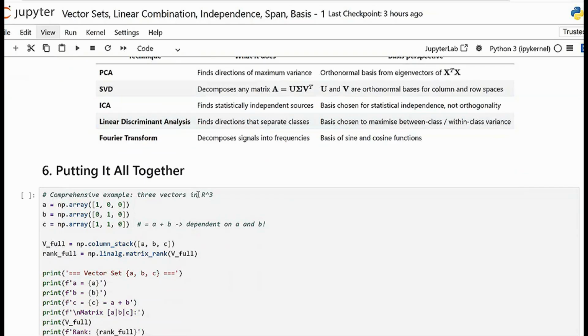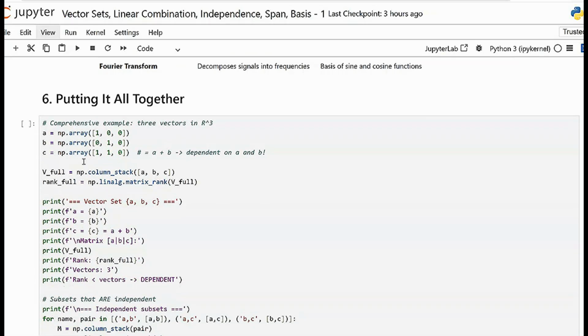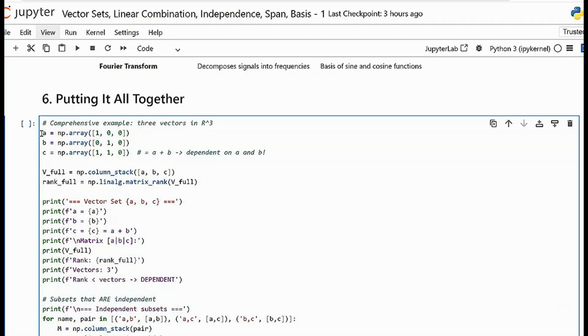But we are not stopping here. We are going to have a comprehensive look at the whole thing we have just seen above. Kindly see here, this is the full combination of vector set, dependency, span and basis. Observe, we are going to define a vector A, which is a point along the x1 axis, and a point B along the x2 axis.